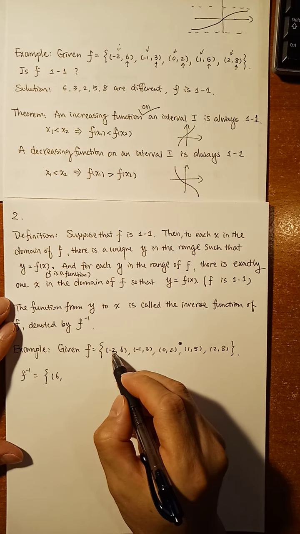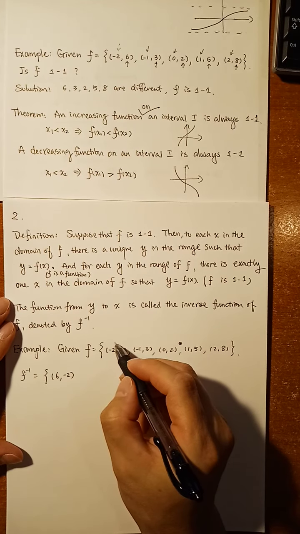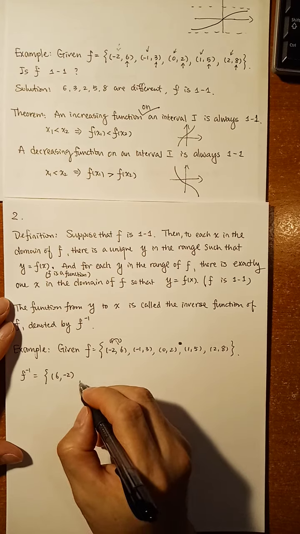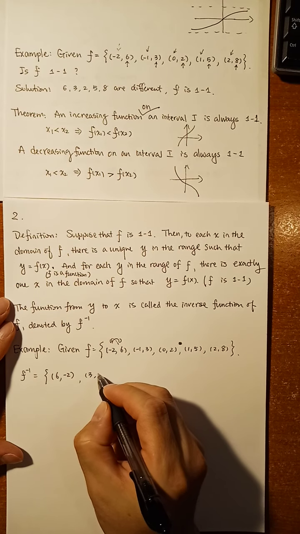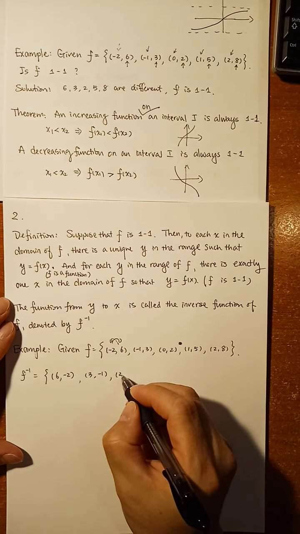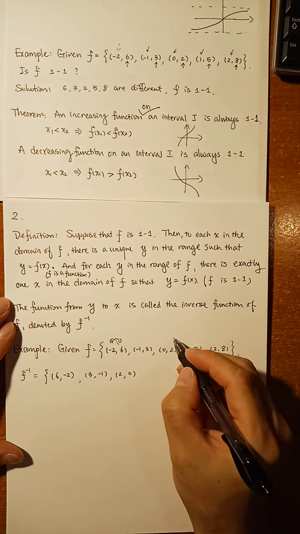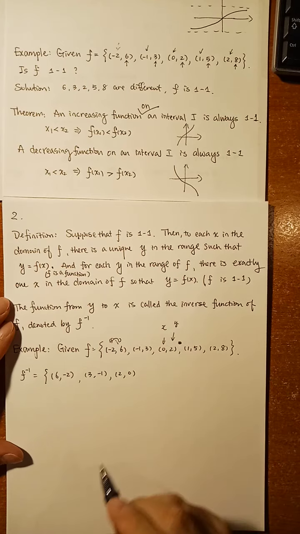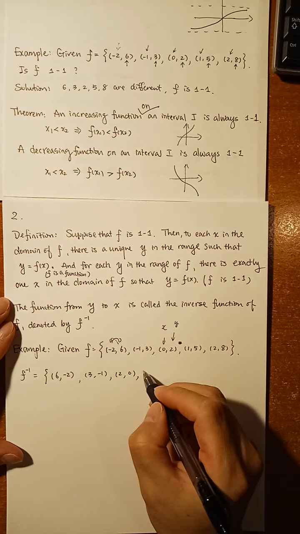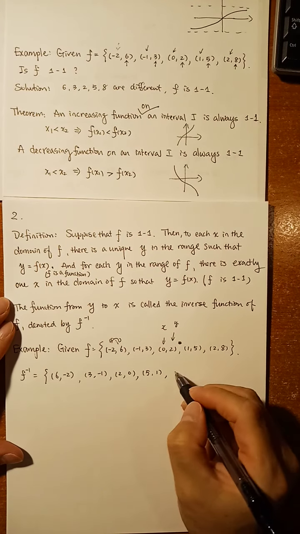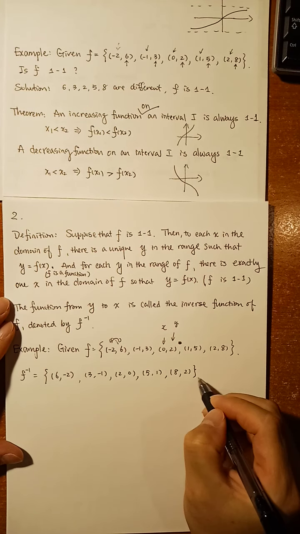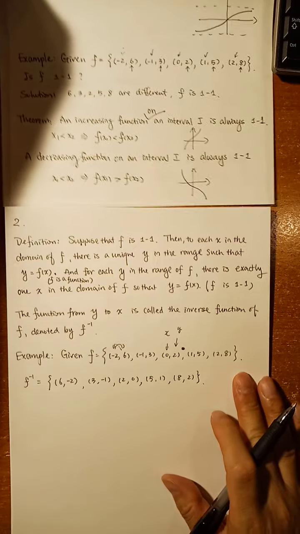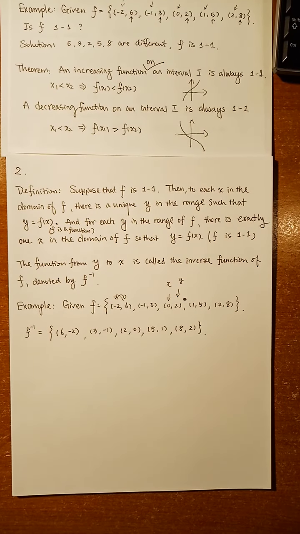Then its corresponding input is negative 2. You exchange the x, y position. Here it is 3, negative 1. Here it becomes 2, 0. Output is y, input is x. Given y, I want to determine x. So this is the inverse function of the original function.